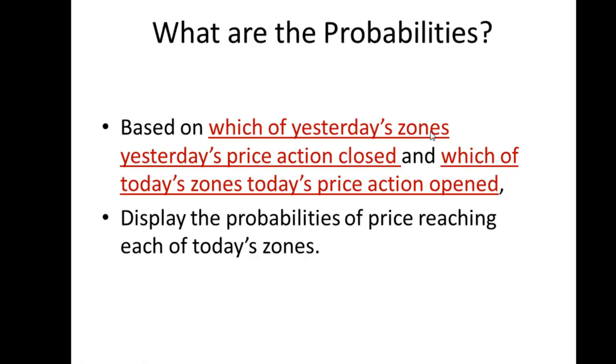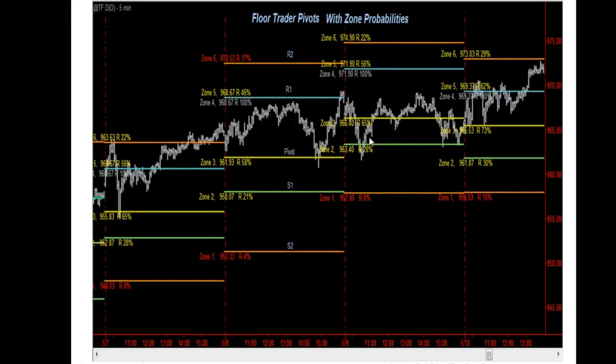So based on which of yesterday's zones the price closed in and which of today's zones today's price action opened in, we display the probabilities of the price reaching each of today's zones. And we go back to the number that I showed you a minute ago. So with this open-to-close combination, these were the different probabilities, based on 20 years' worth of data, that the price would actually reach those zones.